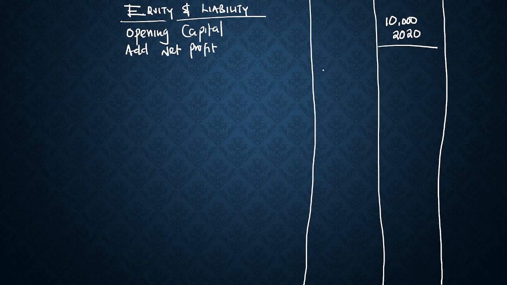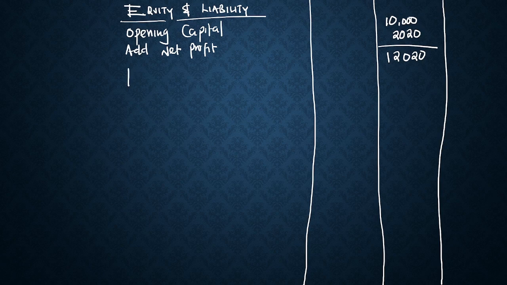When we add, what are we getting? That's 12,020. So this is telling us that this would have been our closing capital. But the only problem is that we had some drawings.